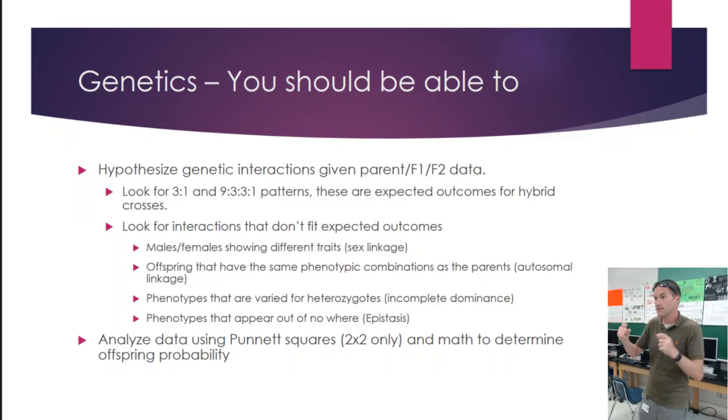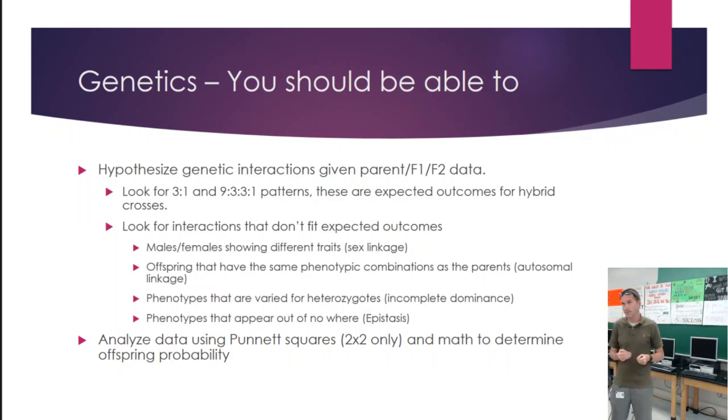Linked means they're located on the same chromosome, and anytime you do see a new combination, such as brown hair, blue eyed, a new gene linkage was created by crossing over during meiosis, right? So you spot autosomal gene linkage by looking to see if the offspring have the same combinations of phenotypes as the parents.